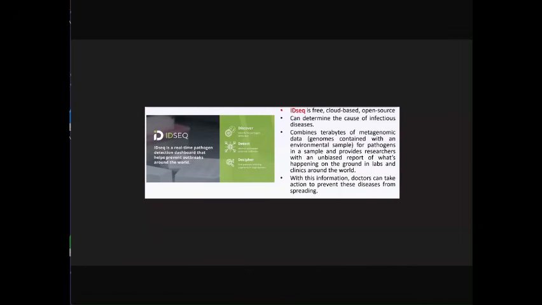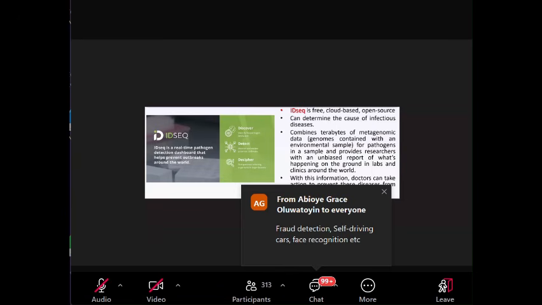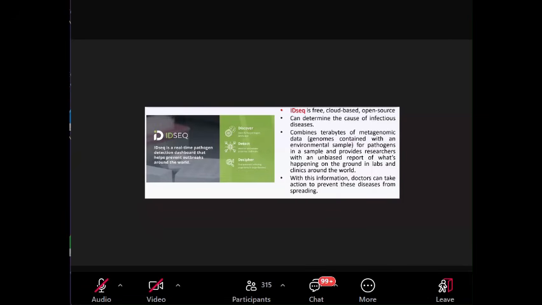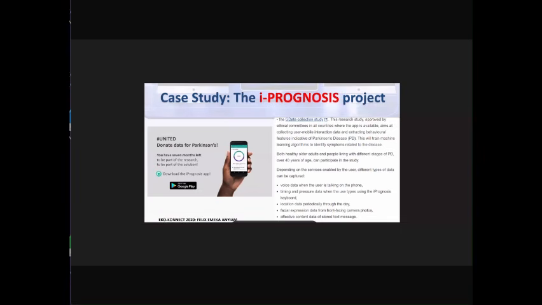So there is this application. It's a cloud-based, real-time pathogen detection dashboard that helps prevent outbreaks around the world. They feed data into it, and based on the data, it is able to predict where an outbreak will happen and where it will not happen.